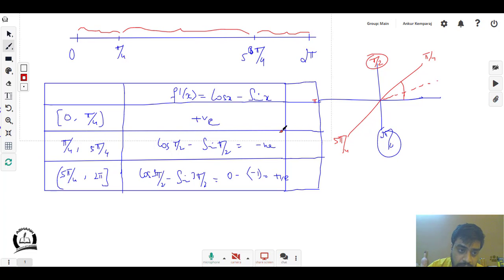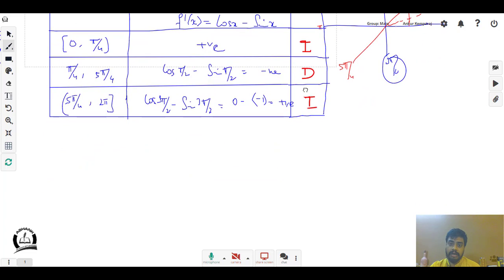it's an increasing function. From 0 to pi by 4, the graph is an increasing function. From pi by 4 to 5 pi by 4, it is a decreasing function. And from 5 pi by 4 to 2 pi, it is an increasing function. So not worrying about how the graph looks, the graph should first increase, then decrease, and then increase.